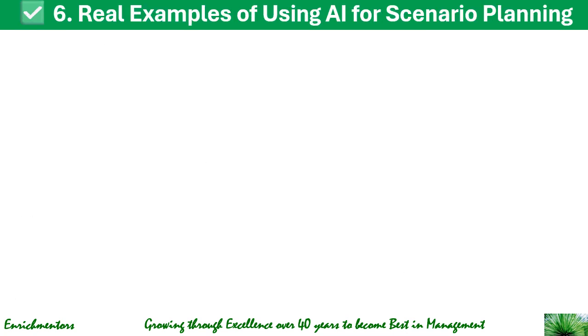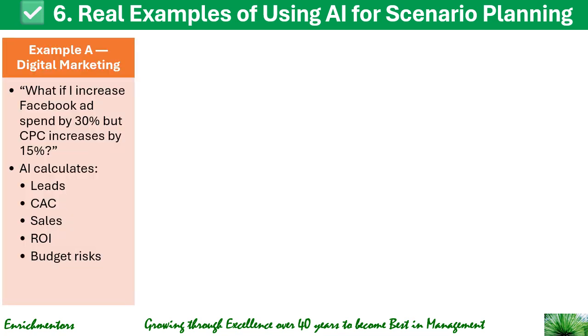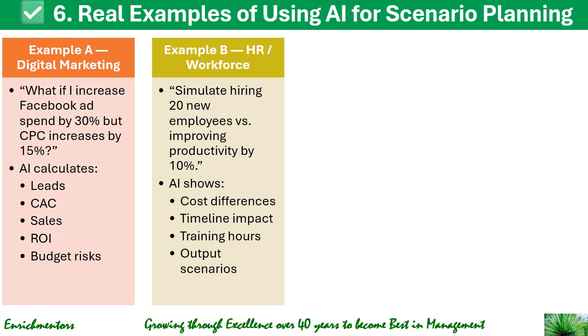Let's take a look at a few examples of using AI for scenario planning. First is digital marketing, in which you say, what if I increase Facebook ad spend by 30%, but my CPC increases by 15%? AI will do all the calculations and come back with leads, CAC, sales, ROI, and budget risk. You could also look at the example for HR and workforce, in which you could ask it to simulate hiring 20 new employees versus improving productivity by 10%.